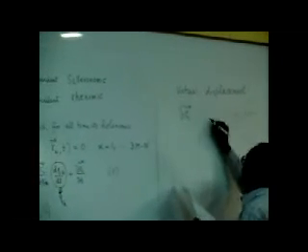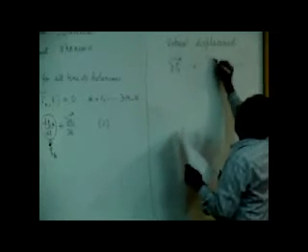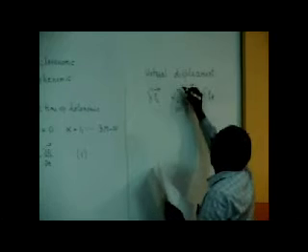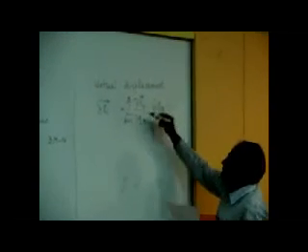So I have my delta Ri, which I will write as dRi by dqk delta qk. Of course, I can use the Einstein summation convention since k is repeated, but I have not.